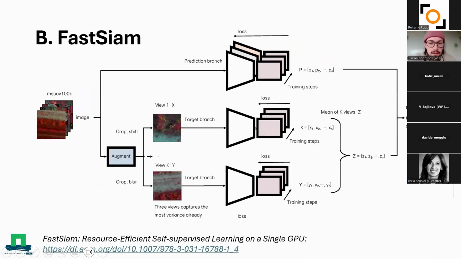There's Siamese learning, where you have the same models that also learn on different augmentations. And the trick with Siamese learning is that not the whole model gets the weight updates, like this one, but only the prediction branch gets updates and not all the target branches. So you get, in this example, a prediction branch and then 3 views, usually.